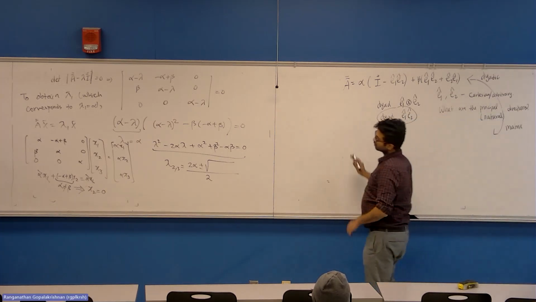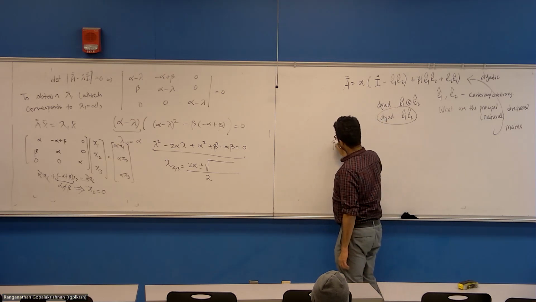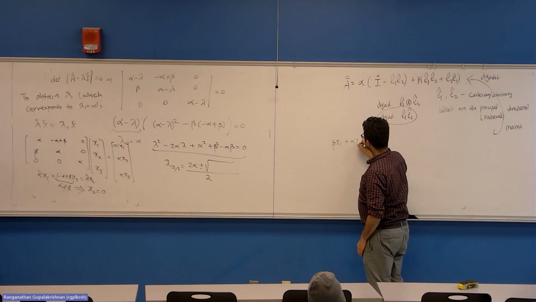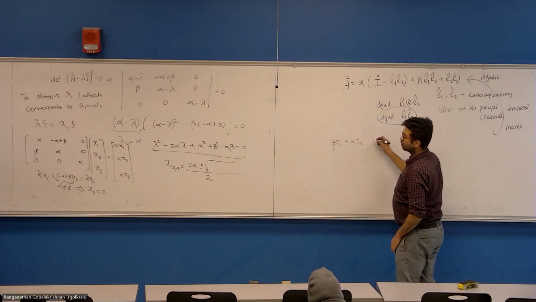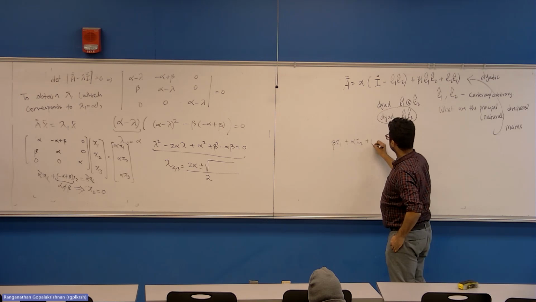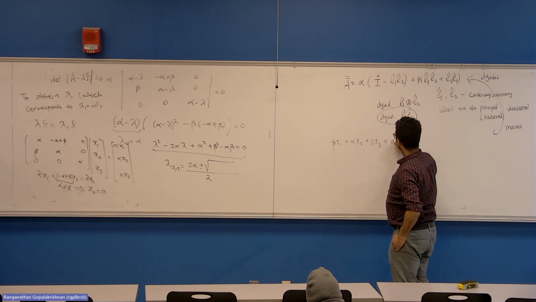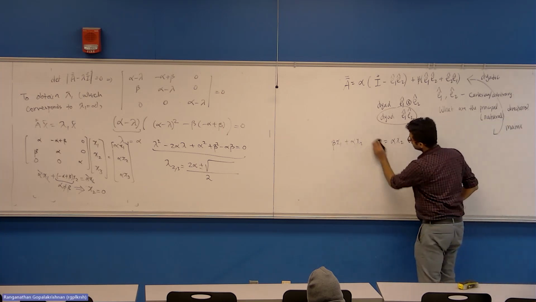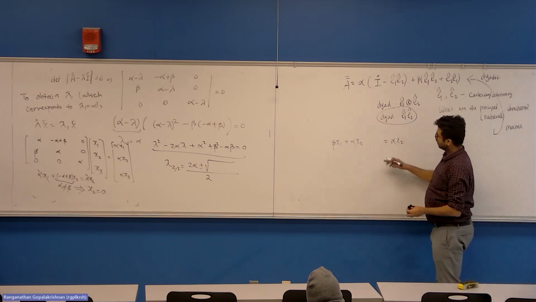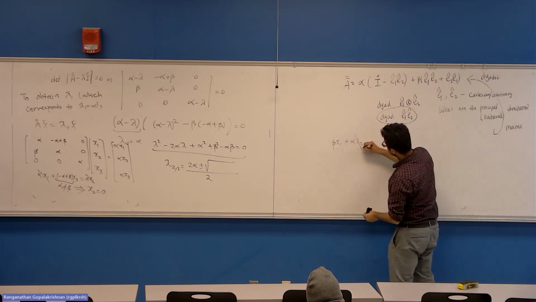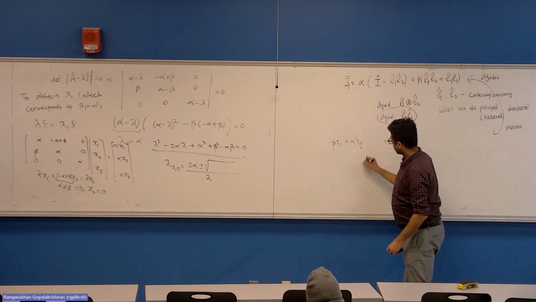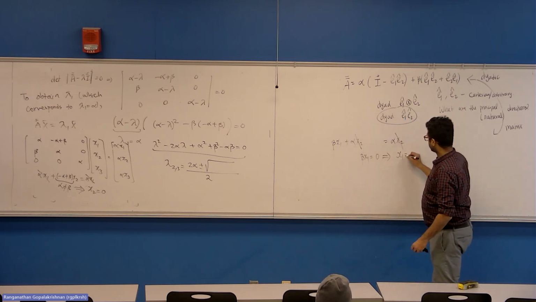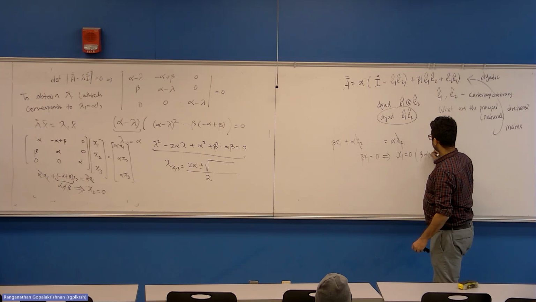Second equation is beta times x1 plus alpha times x2 plus 0 times x3 equal to alpha times x2. So 0 times x3 is irrelevant. x2 is anyway 0, so this goes away. And you have beta times x1 equal to 0. The only way that is possible is x1 is 0 if you assume beta is non-zero in general.